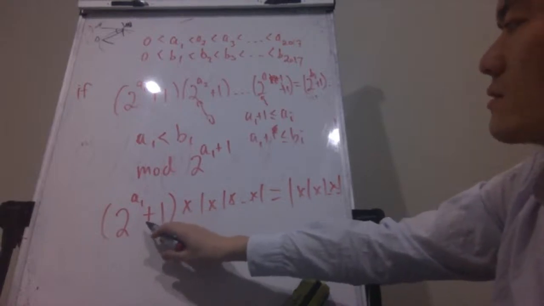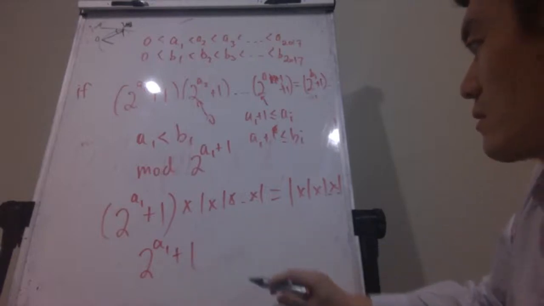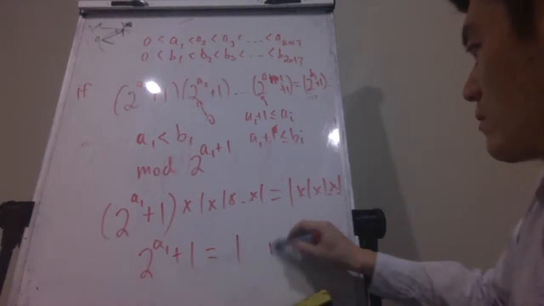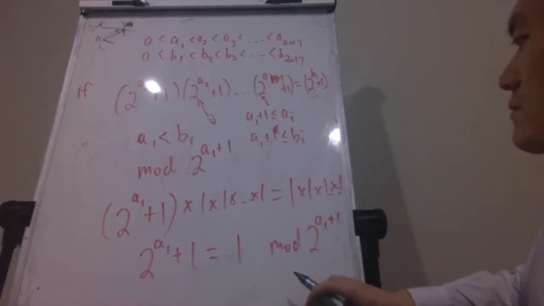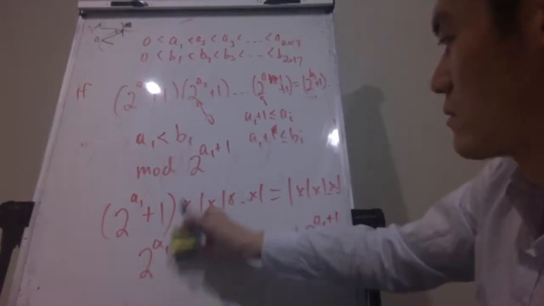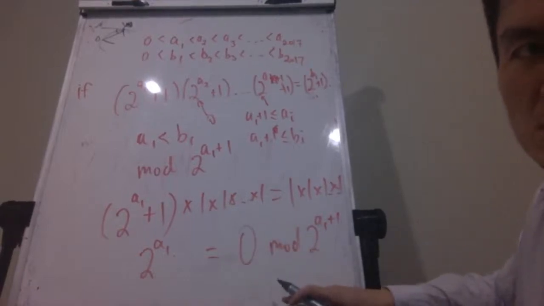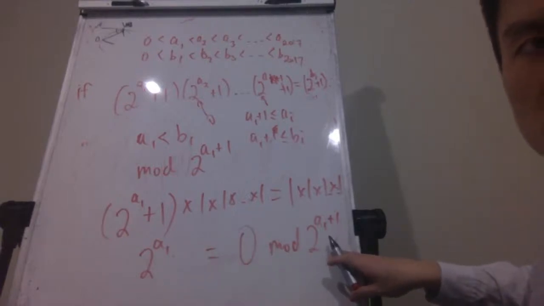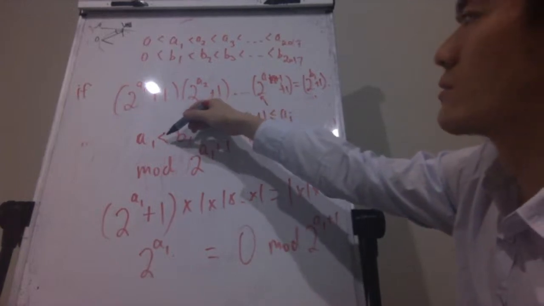So the problem is that this is saying 2 to the A1 plus 1 equals 1 mod 2 to the A1 plus 1, or in other words, this is equal to 0. But it's not true, because it's a smaller power of 2. It's not divisible by a bigger power of 2.